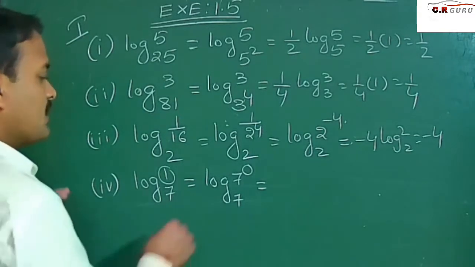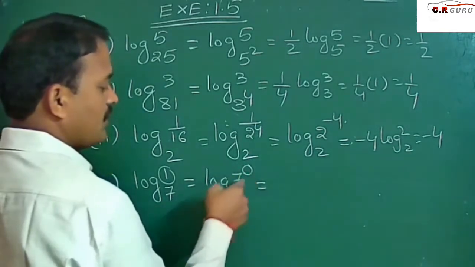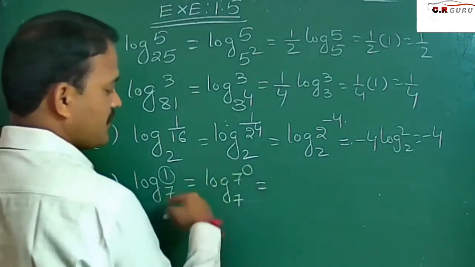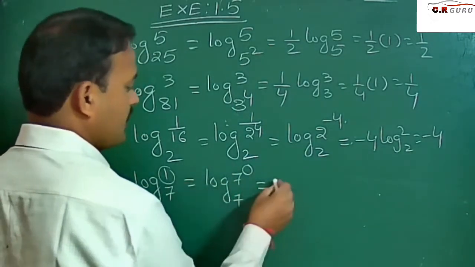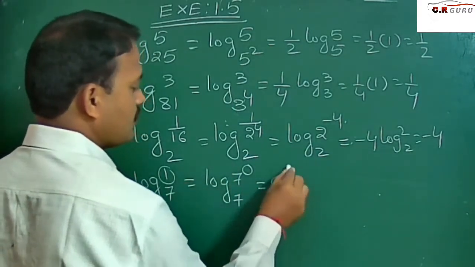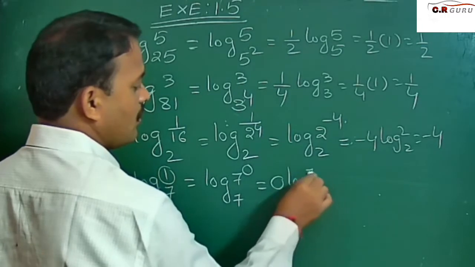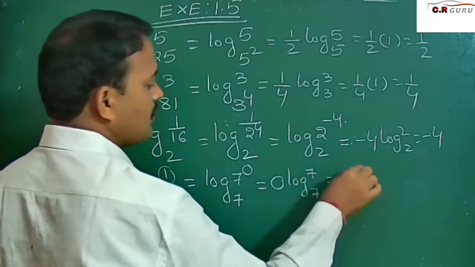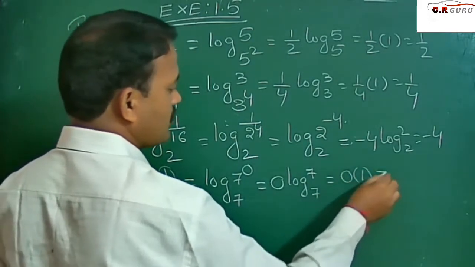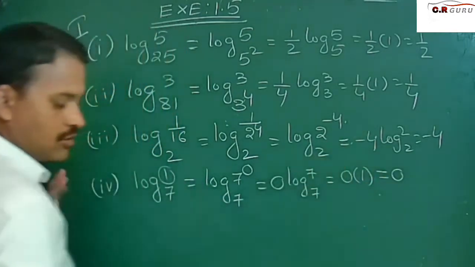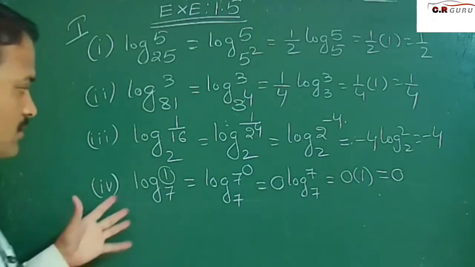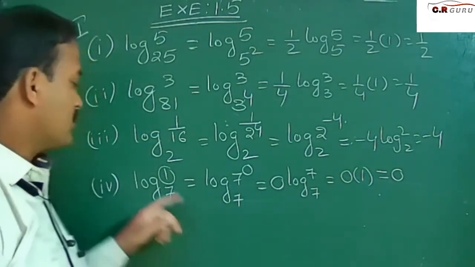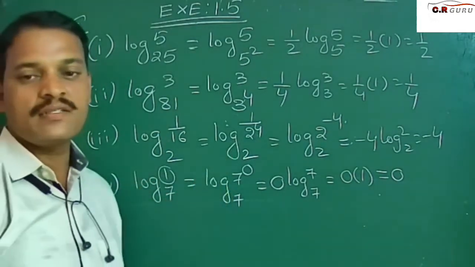You know the formula: when there is a power, it is taken in front. So this can be written as 0 into log 7 base 7, that equals 0 into 1, so the value is 0. So log 1 base 7 value is 0.